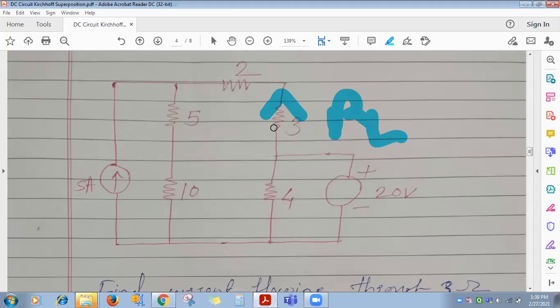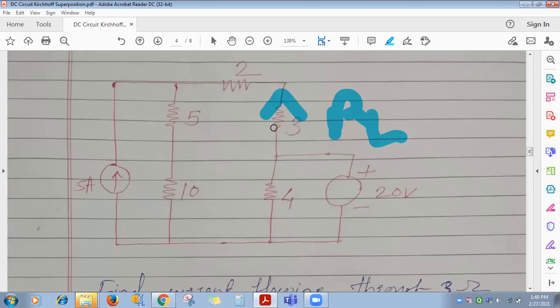You can mark upward, downward, clockwise or anti-clockwise, it doesn't matter. I considered upward. If with upward I am getting minus, for example minus 5 ampere, then with downward your answer will be plus 5 ampere, provided you have done all calculations correctly.